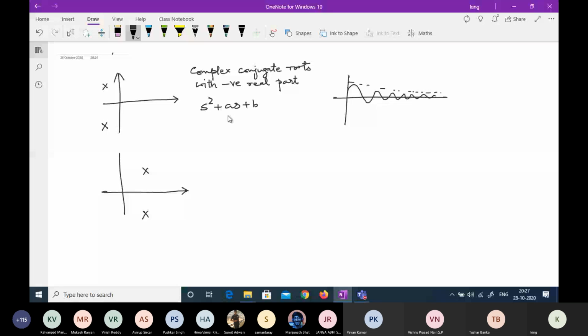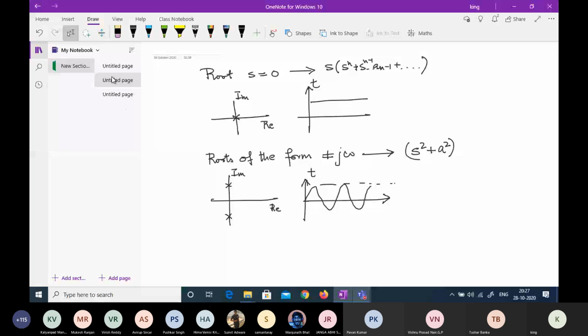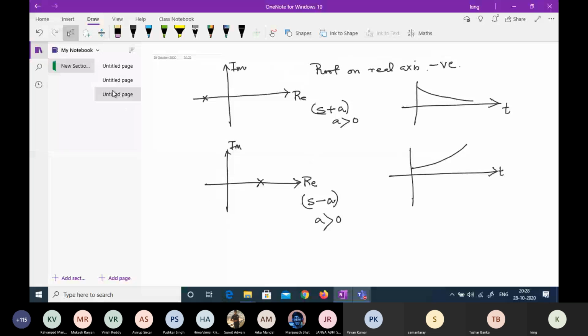That's all. Can you see these now? Root with s is equal to 0. No, sir.